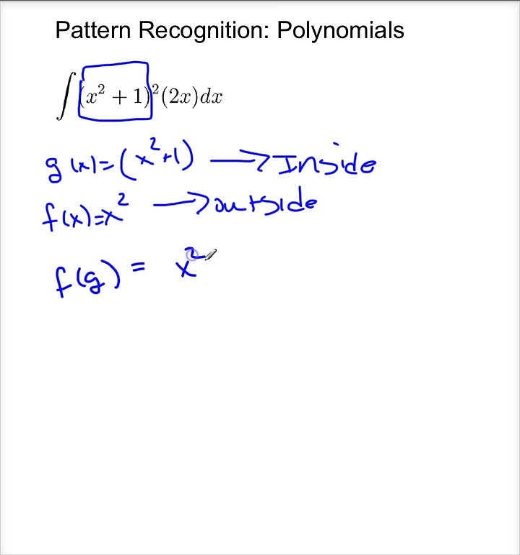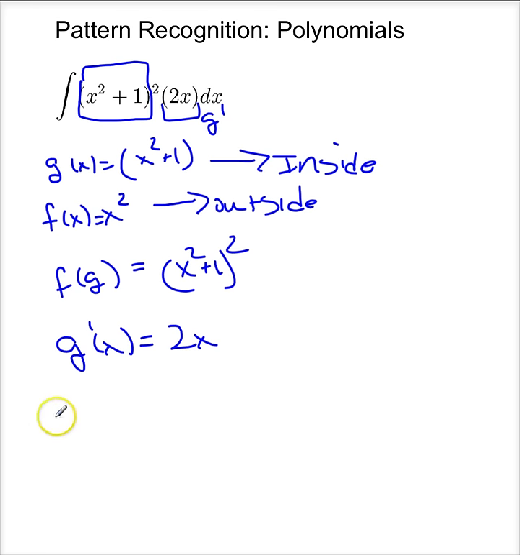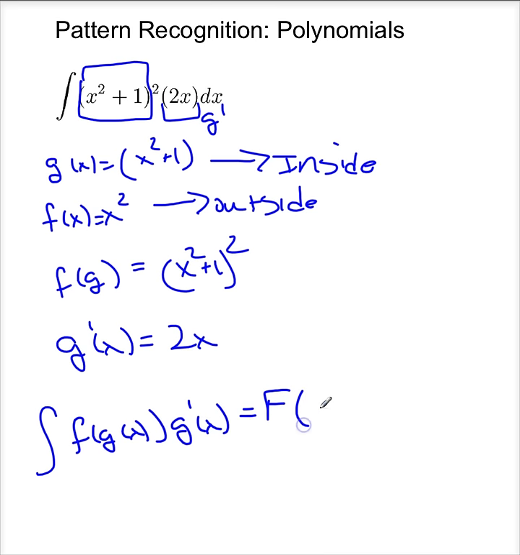So this is (x squared plus 1) squared. Now what is g prime of x? Well, that's 2x. So this part right here is g prime. So this is the integral of f evaluated at g of x times g prime of x, which is the antiderivative of f evaluated at g of x plus c.